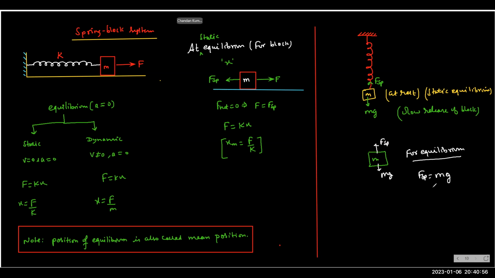Yes or no? Yes. Because there are no other forces, and F_sp we can write as k x_m. I'll put an m subscript because it's the mean position. It looks nice. So x_m is how much? What is the deformation under the gravity? At mean position, it is mg by k. Do you realize this part? Tell me yes or no. Yes. Hello, hello.